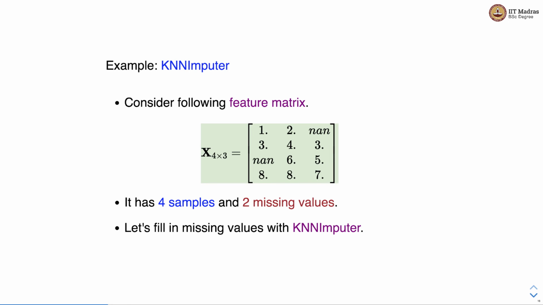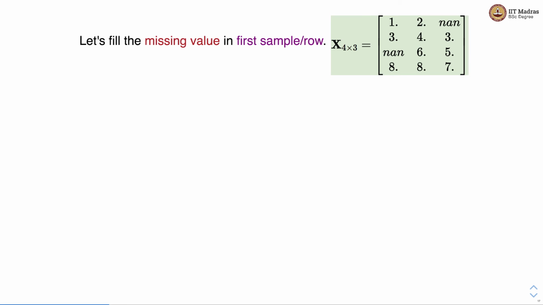Now we'll fill up these missing values with KNNImputer. So this is the original feature matrix, and let's look at the missing value filling for the first sample, which is 1, 2 and NaN.